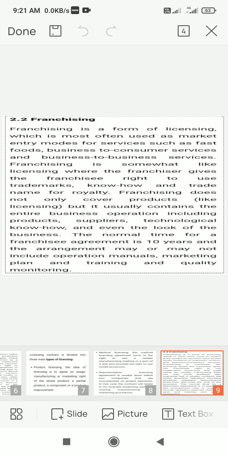When you take the franchise, you are ready to use everything whatever they have used in their own company. Their trademark you can use, the price you can use, their royalty you can use, everything whatever they have used, you are ready to use after taking the franchise for that company. So you can go for franchising in different kinds of countries, and by this way you can easily enter international business.